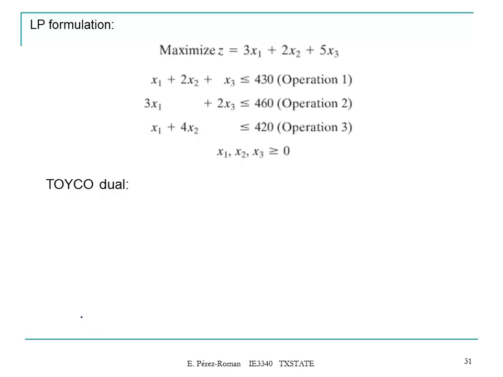Again, we follow the same concepts. We have a maximization problem, so now we have a minimization for the dual. Minimize z equals 430 y1 plus 460 y2 plus 420 y3. You need to define a dual variable for each constraint.